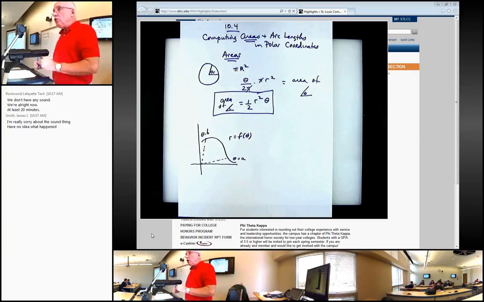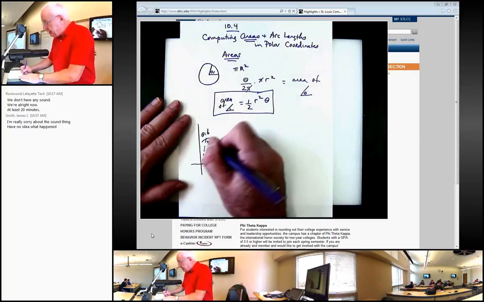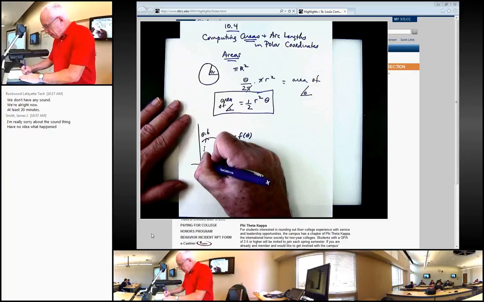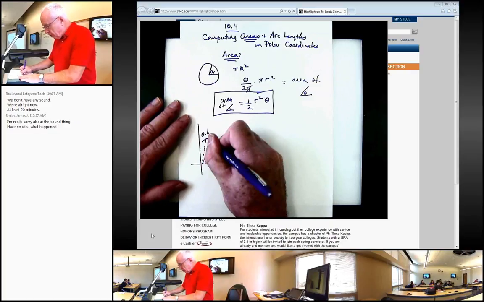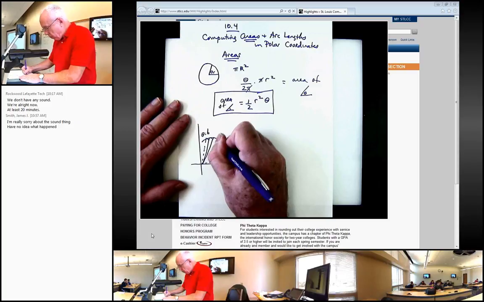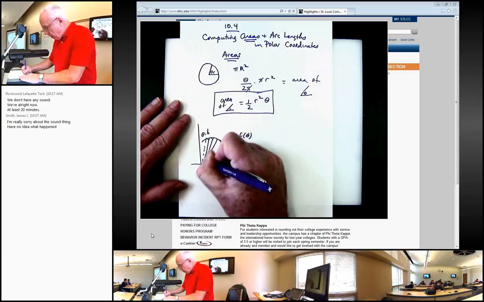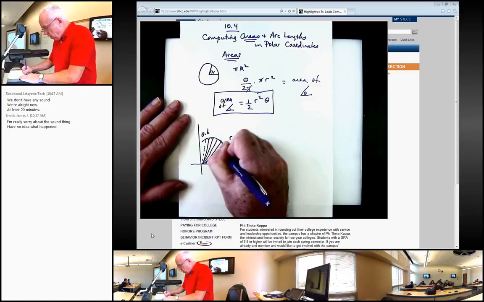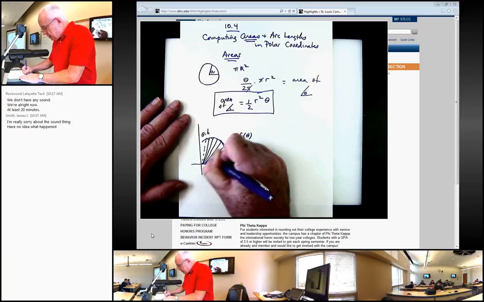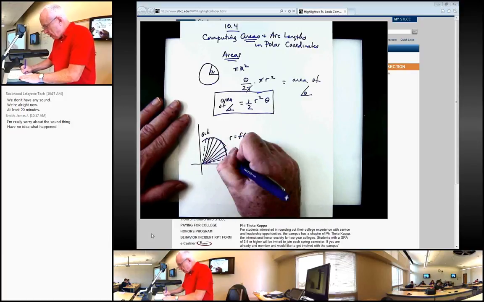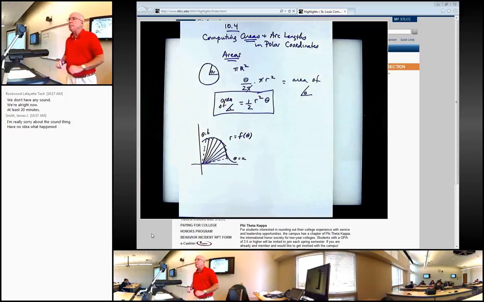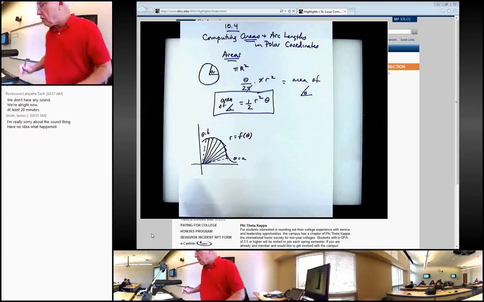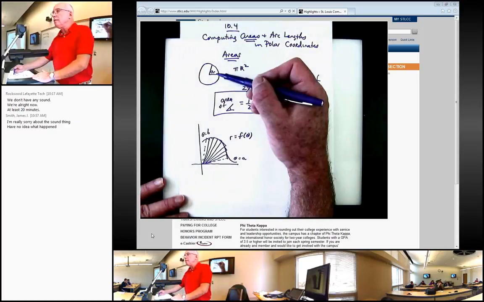Well, we can start to approximate this by cutting it up into little pie-shaped pieces, something like this. All right. Cutting it up into pieces that look like little sections of the circle.